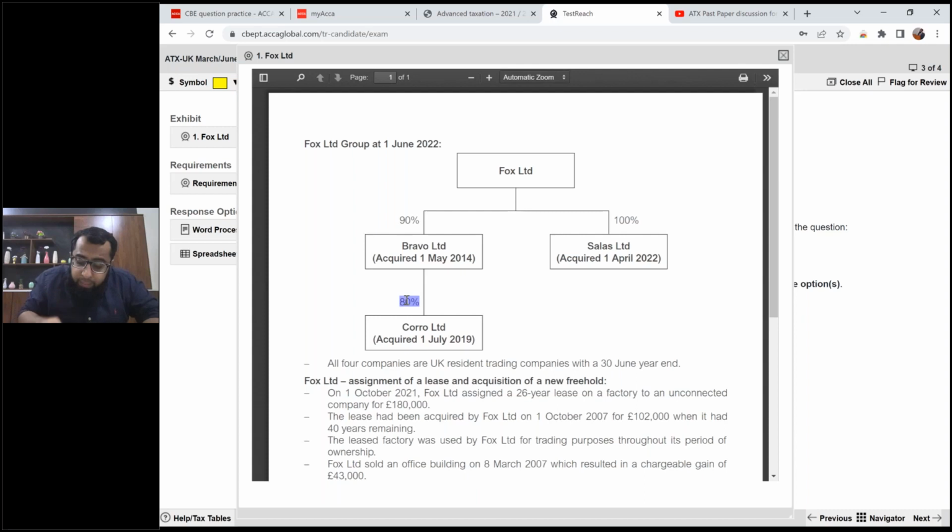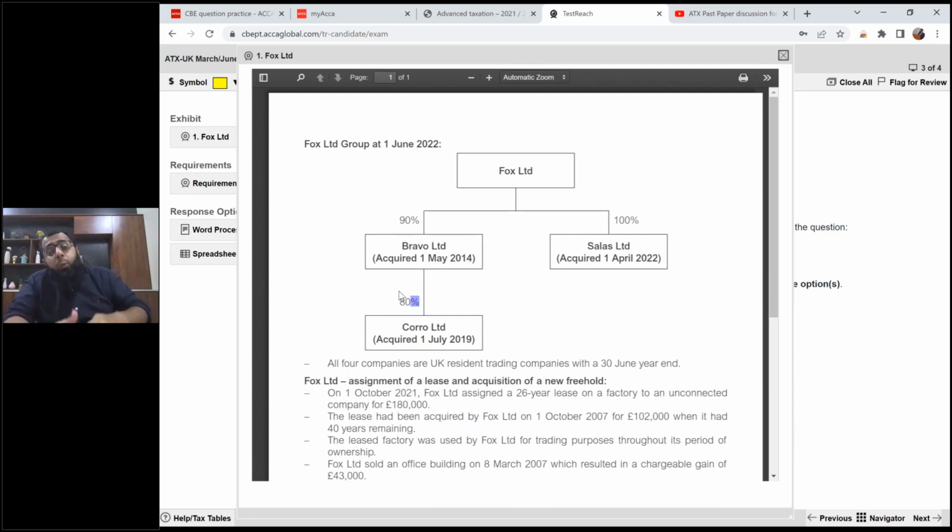But if I calculate the indirect holding in Coro Limited, 90% into 80%, it's 72%.